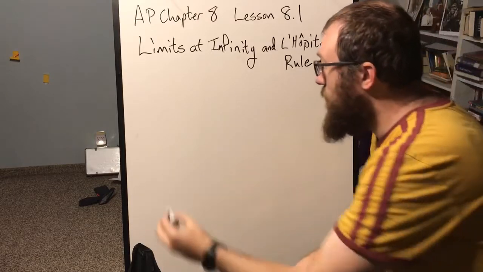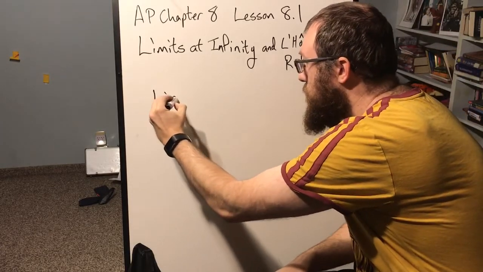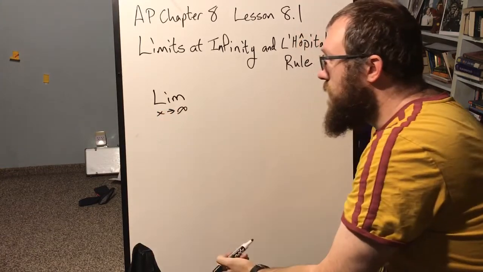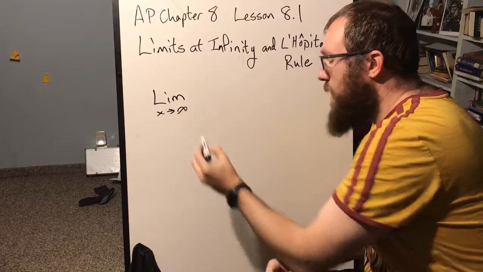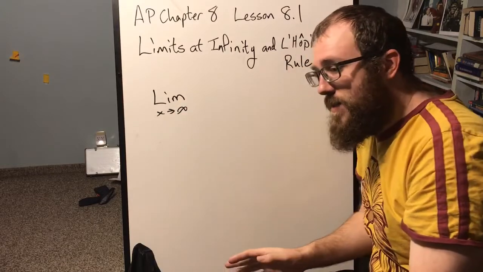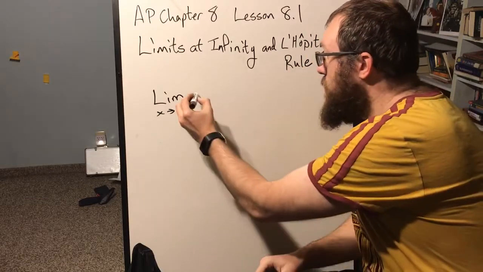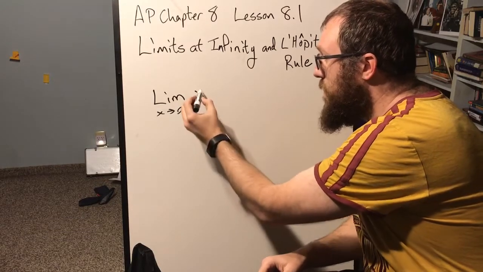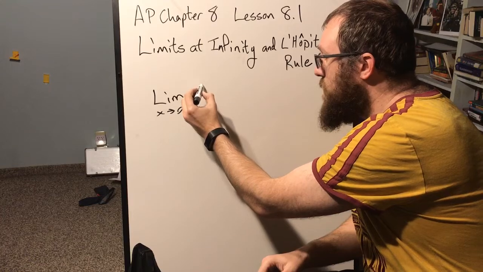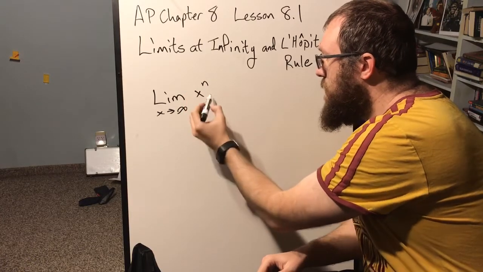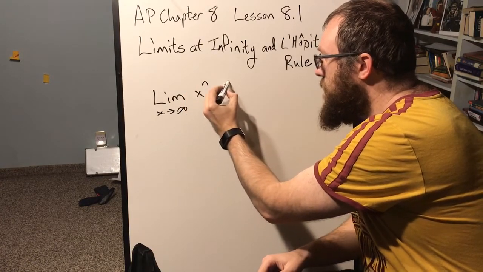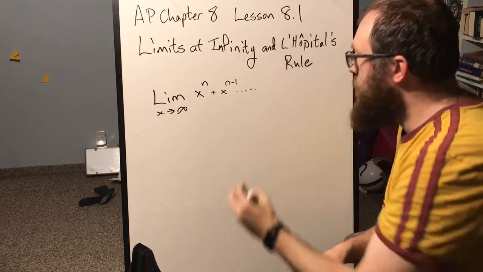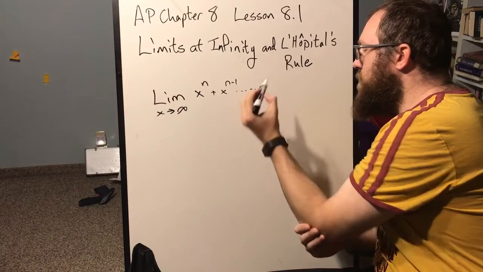So first off, already we know the limit as x approaches infinity of a polynomial that has a positive leading coefficient, no matter what the polynomial is. I did an x squared and an x to the third, but let's say x to the n plus x to the n minus 1, etc. So in any polynomial down to a constant term.